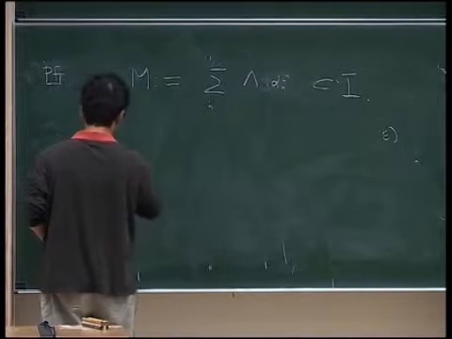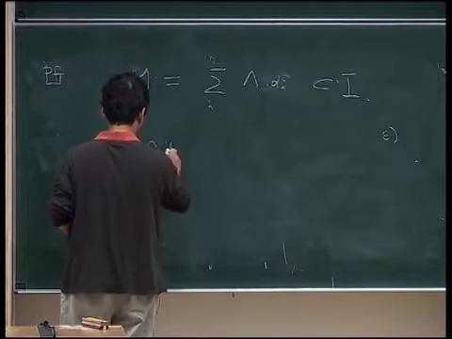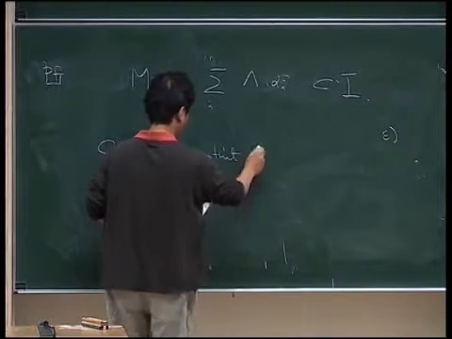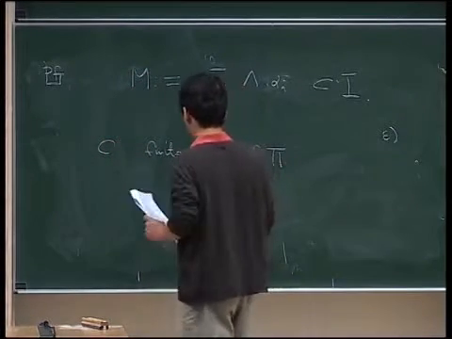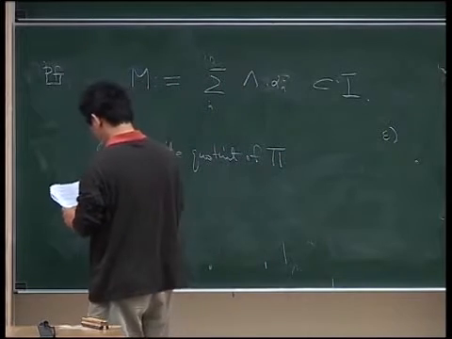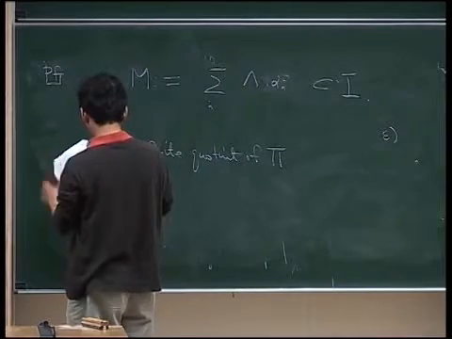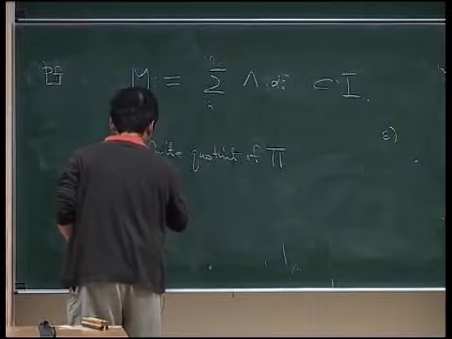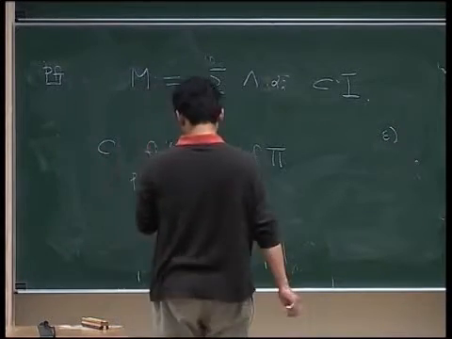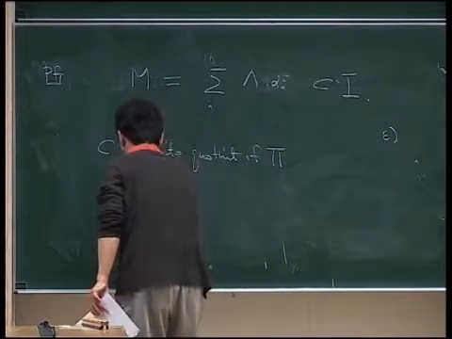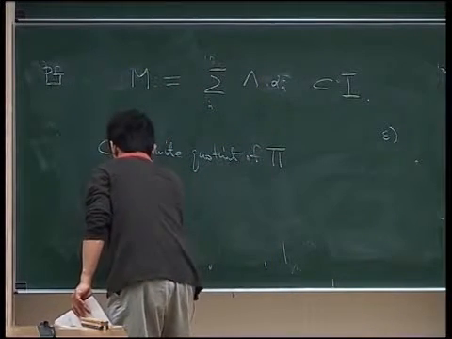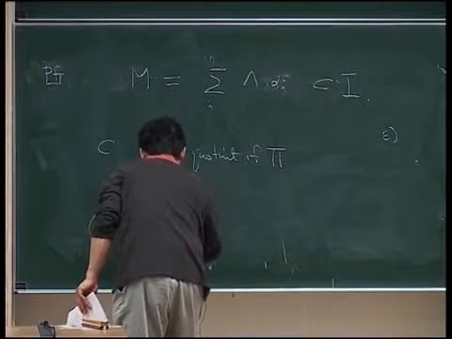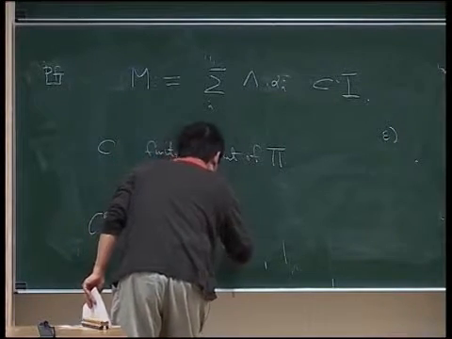let's see a finite quotient C of pi. So this will be some finite P group. If you look at C abelianization, that will be a quotient of pi abelian.